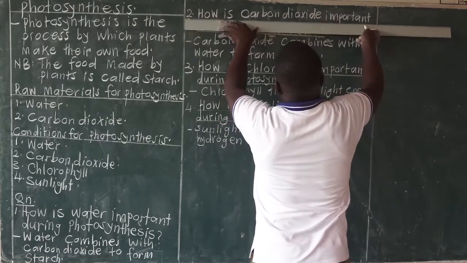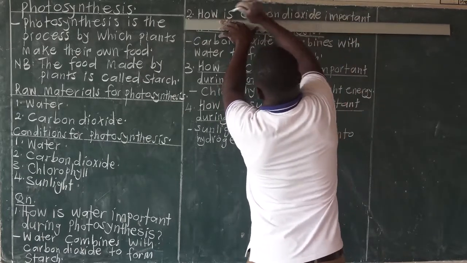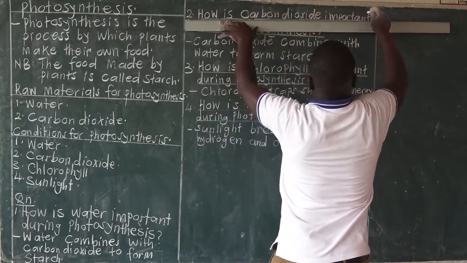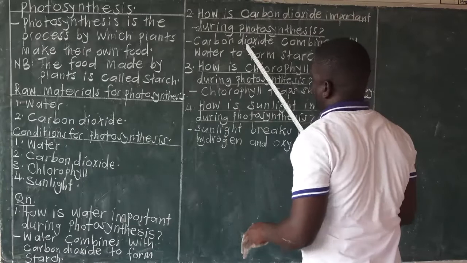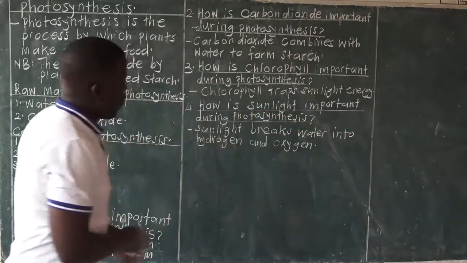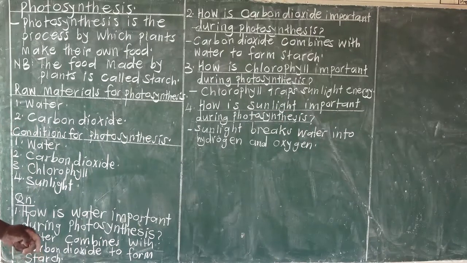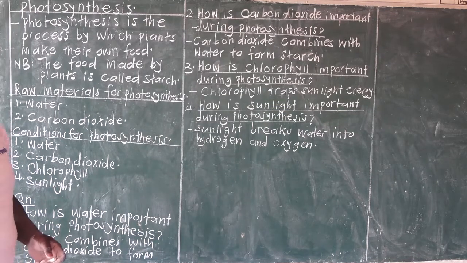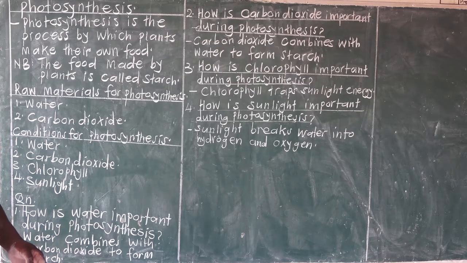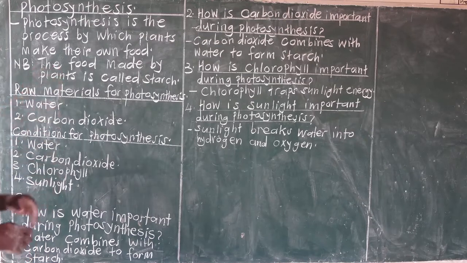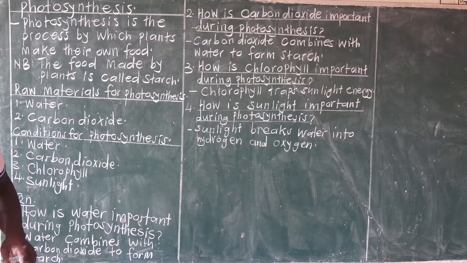Then water combines with carbon dioxide to form starch. The same applies to carbon dioxide. It combines with water to form starch. I said starch is the food made by plants.